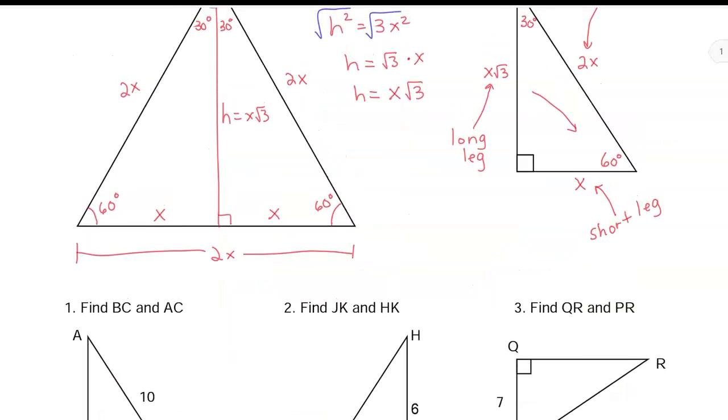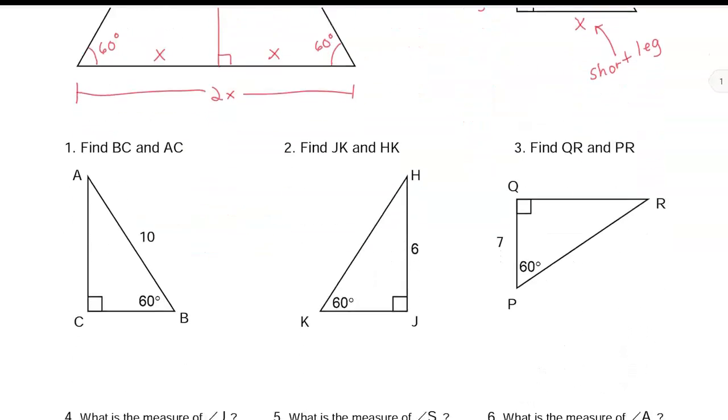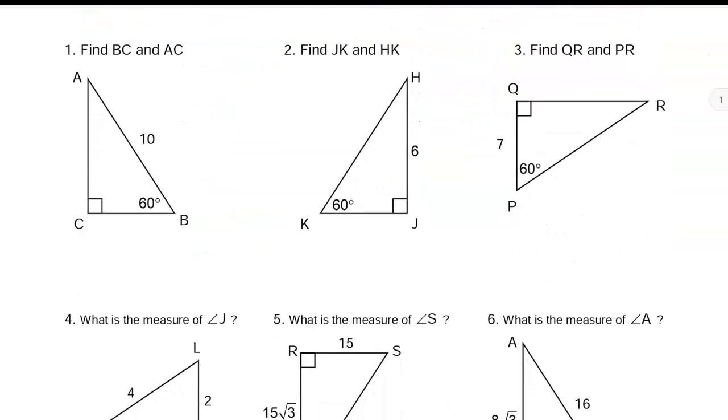When we go to look at our examples, in number 1 below, you are being given the hypotenuse of 10, and the side across from the 30 would be side BC. The 30-degree angle is up at the top, and across from it is BC, and that is half of the hypotenuse. So BC has length 5.